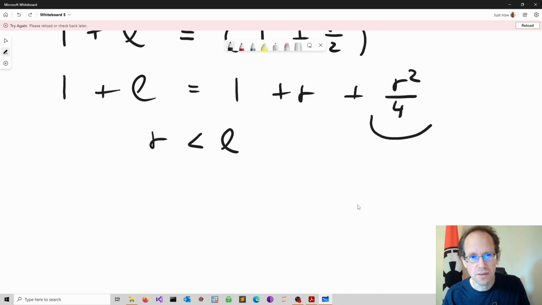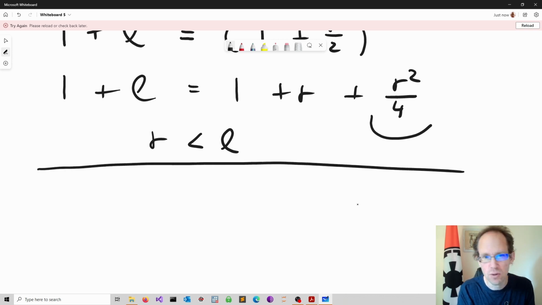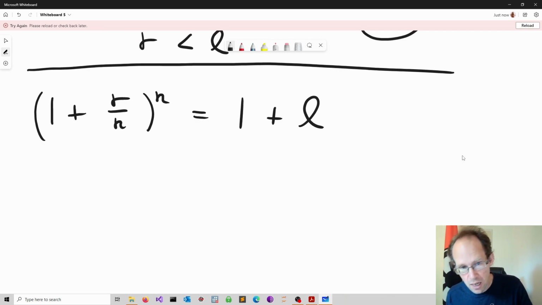Now you can ask yourself what happens if I have not 2 interest payments, but maybe 3, 4, 5, or 10 or n payments. So we can generalize that. Generalizing to n payments, we obtain the following: 1 plus r divided by n to the power of n is equal to 1 plus l. On the left-hand side, we actually have a polynomial of order n. So if you want to explore the relationship between r and l, we have to deal with a polynomial of order n.